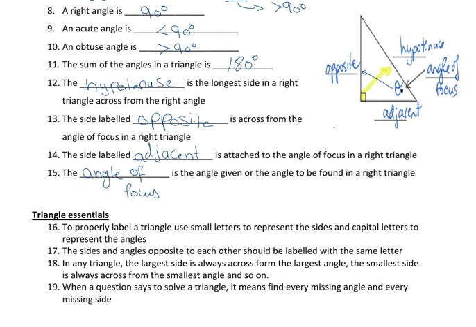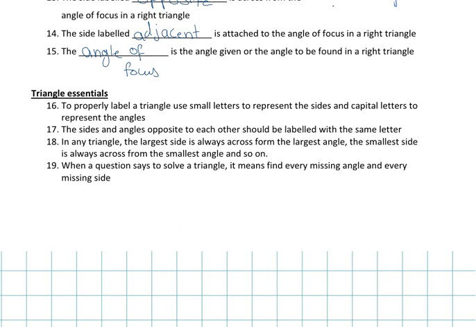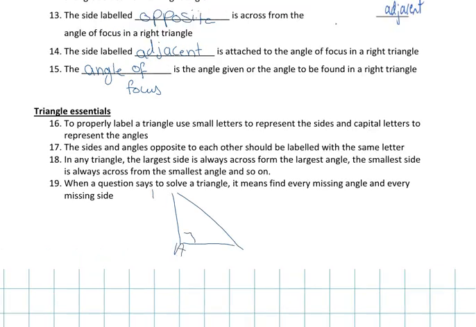When I'm labeling a triangle, you always use capital letters for the angles and small letters for the sides. So if I have a triangle here, and I have angle A, B, C, I label my angles as the capital letters.